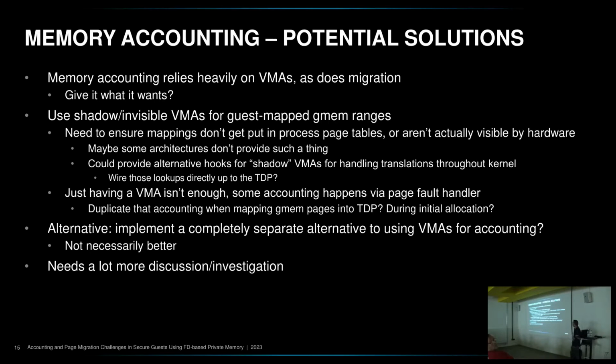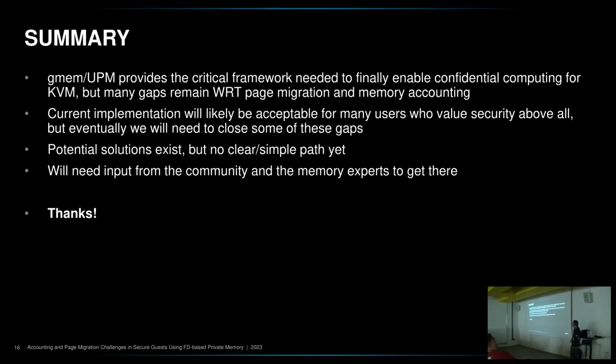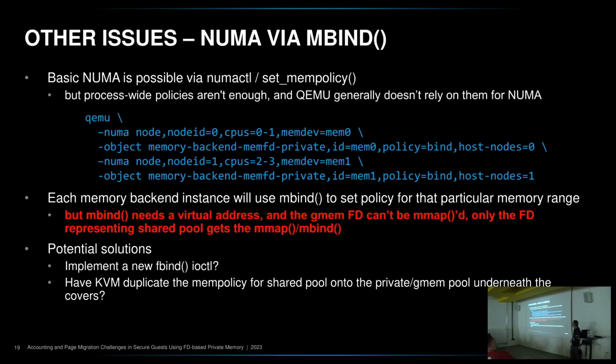And there may be other solutions that could be pursued, but nothing that's clearly or necessarily better. And since I actually thought I wouldn't have time to cover it, there's another issue here, which is with NUMA bindings.